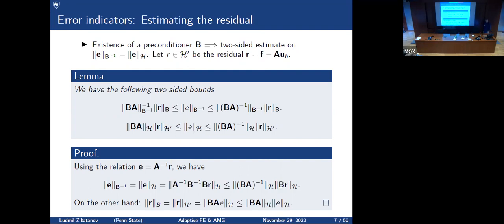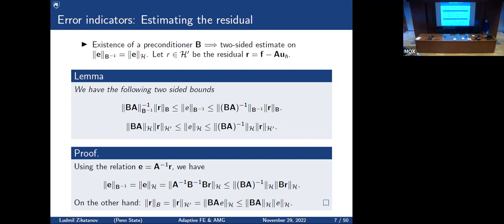Now again, the preconditioner here should act on the infinite dimensional space H prime. Okay, and we're going to see later how this works, how one makes it computable, because infinite dimensions is not computable. Okay, here is the lemma, which has, I think, a proof shorter than the statement.